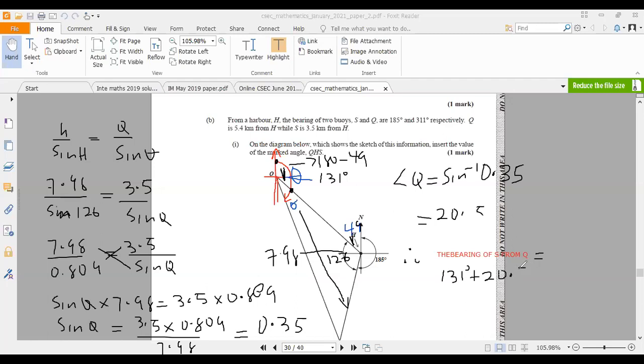So I get 151.5 degrees. All right, so that's it for the bearing question.